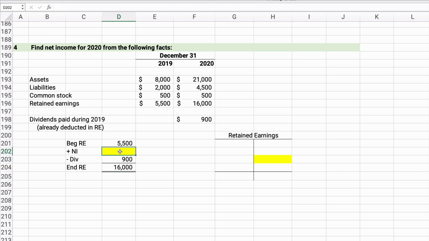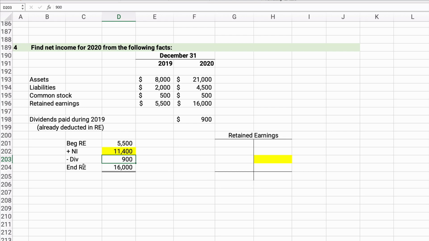Our net income, we can just simply work our math backwards and figure out what net income is. So $5,500 plus net income minus $900 gives us $16,000. So let's work our way backwards. $16,000 plus the $9,000 minus the $5,500, and so our net income number must be $11,400.